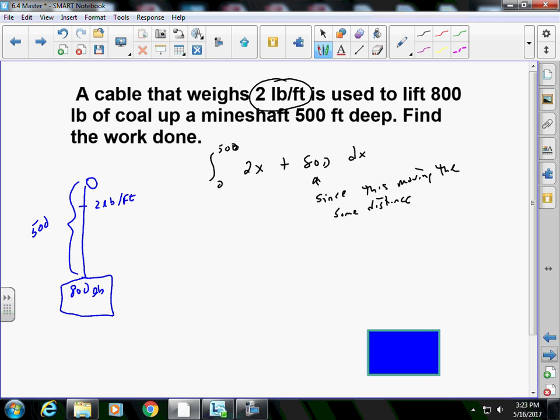I'm pointing this out because I have students who like to do it this way as opposed to breaking it up in two. If I broke it up into two, I would have done from 0 to 500 of 2x dx plus 800, because that's its weight, times its distance, 500, which turns out to be x in this problem.